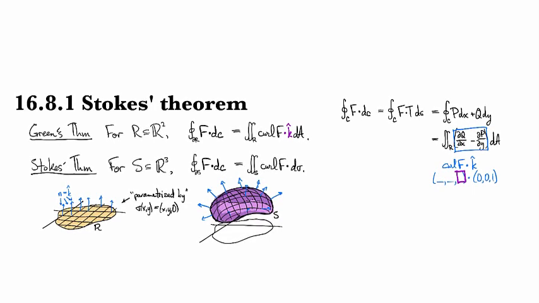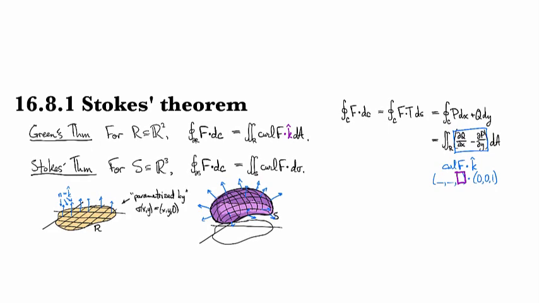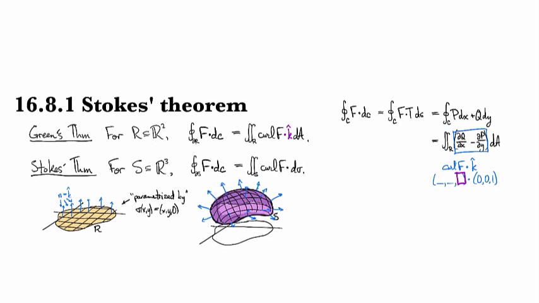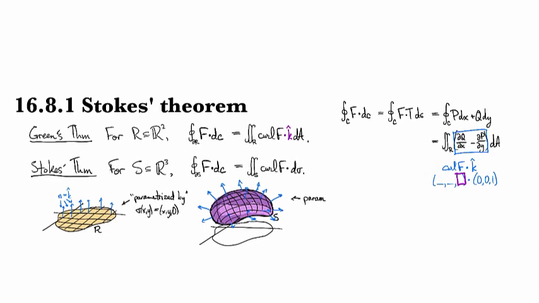There are all sorts of different things that the normal vector could be doing depending on how the surface bends. So over here is supposed to be an example of something that looks more like a surface that is the graph of a function, so maybe parameterized by sigma of x, y equals (x, y, f(x, y)).